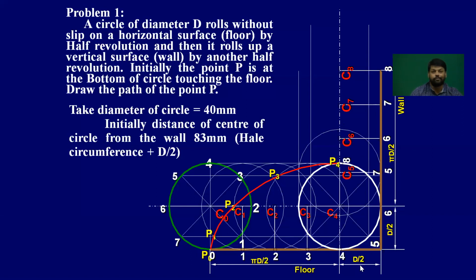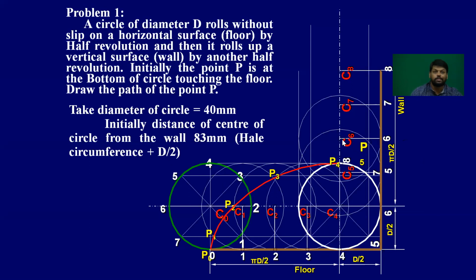Why this 5 point came here means, when the circle rolls here, point 8 will become the top and point 4 will become the bottom. So here the 4, 3, 2, 1, and this is 8. So this point is 5. From the 5 also you got the line, so wherever the C5 center line touches this line, it becomes P5. So this will be the fifth one.